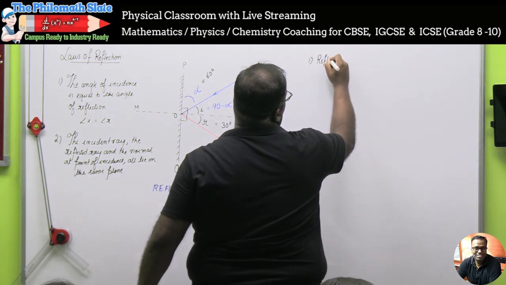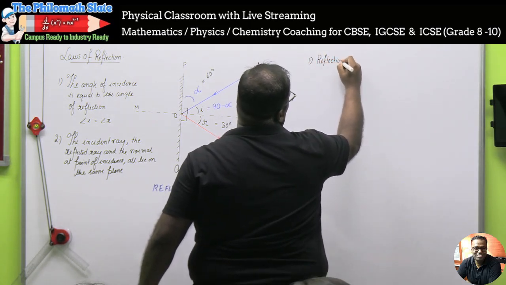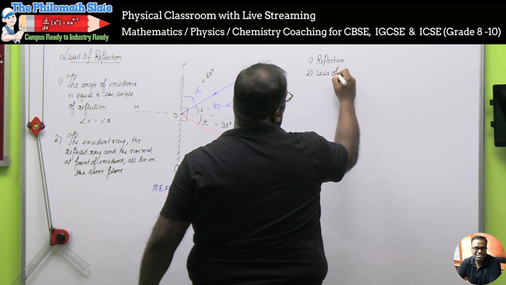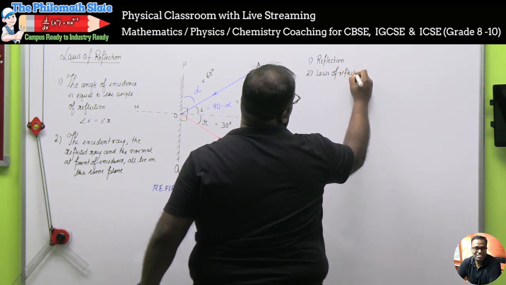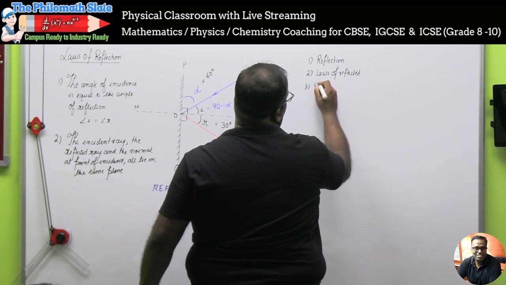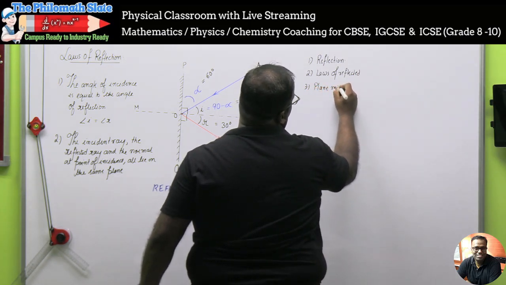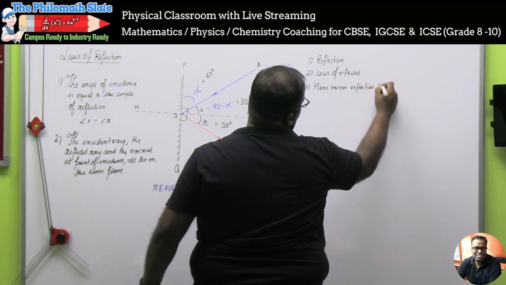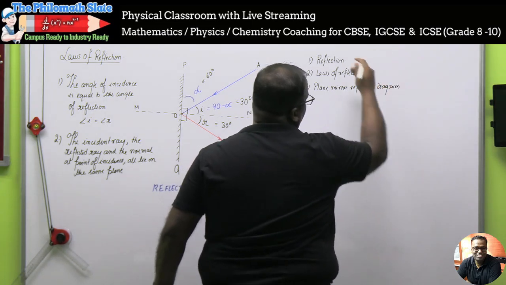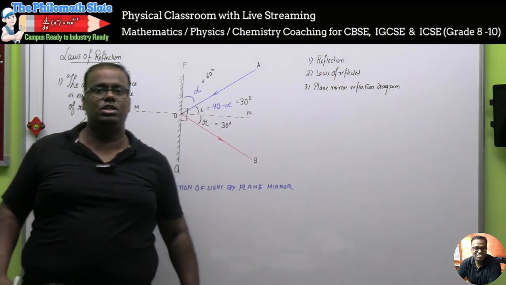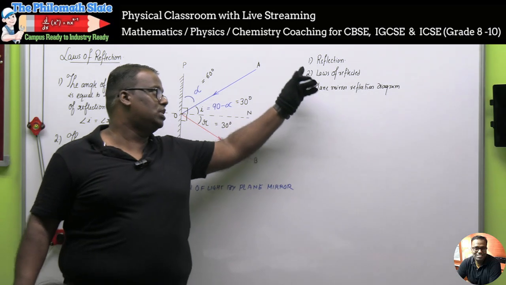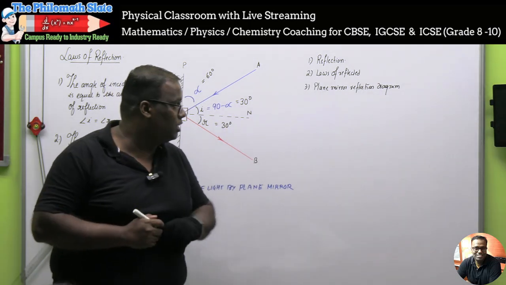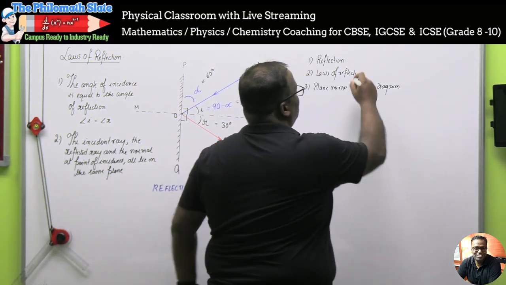Look at these terms and ask yourself whether you have understood or not. Reflection as a phenomenon, then laws of reflection, then the plane mirror reflection diagram. Ask yourself, have you understood what is reflection? Have you understood what are laws of reflection?